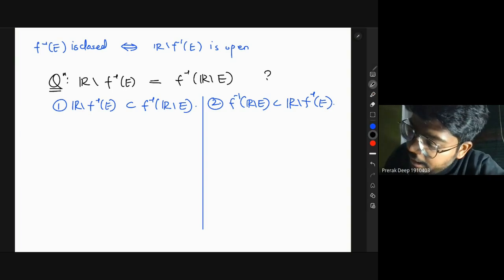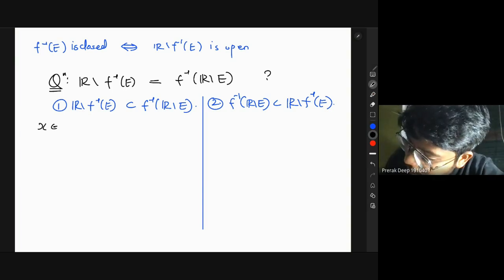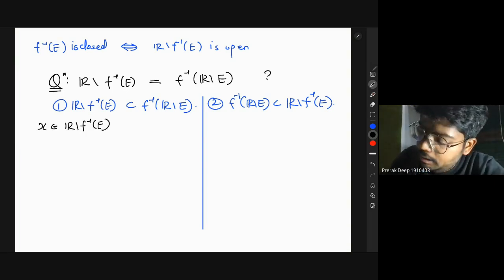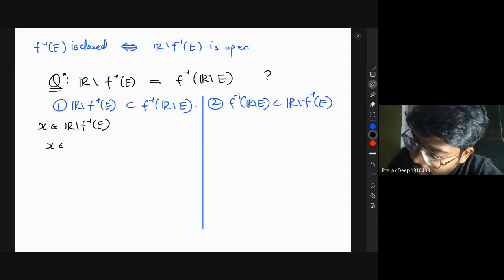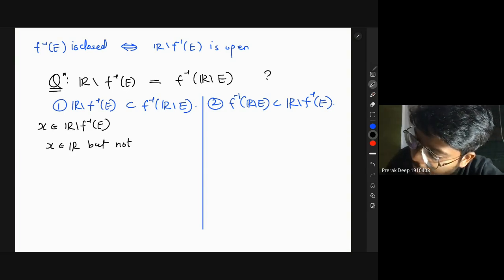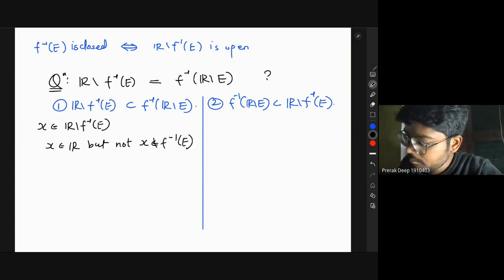Okay, so if I start with a point which is in R minus F inverse of E, then it is in R but not in F inverse of E, correct?